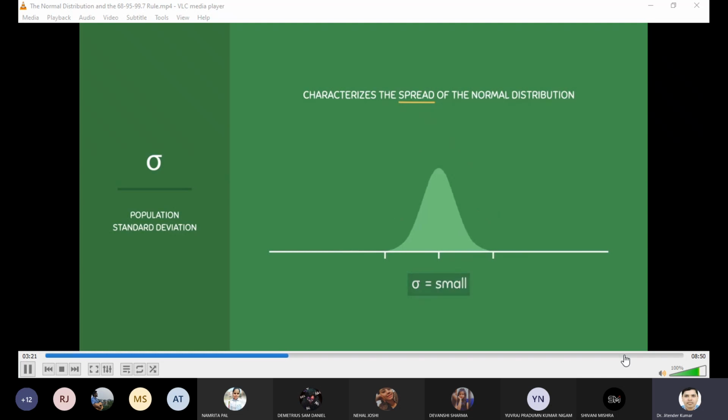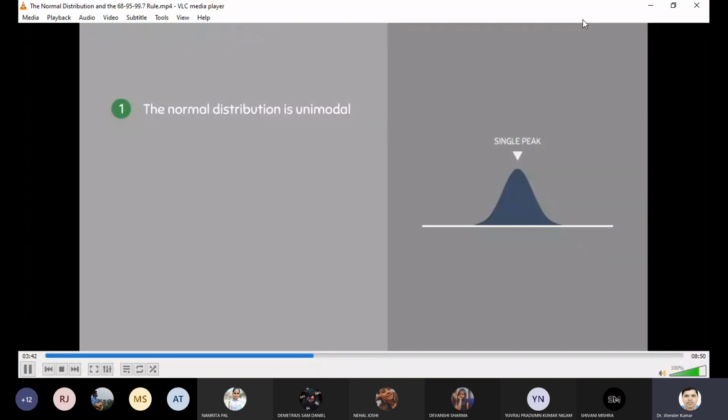The reason for this is because the normal distribution is a density curve, and the total area of any density curve must remain equal to 1 or 100%. So changes in the width of the curve must be compensated for by changes in the height of the curve, and vice versa.